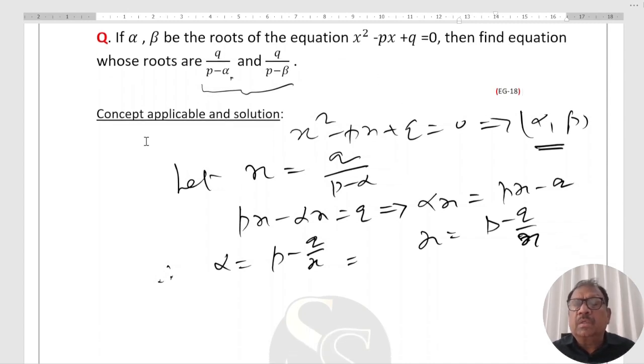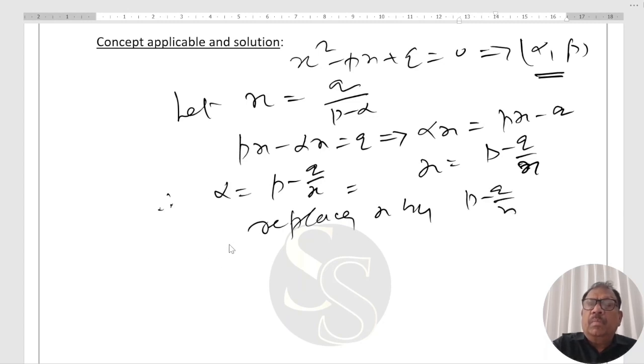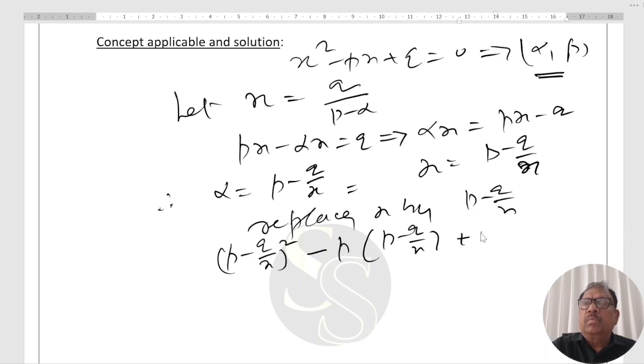So replacing x by p minus q by x: p minus q by x whole square minus p into p minus q by x plus q equal to 0.